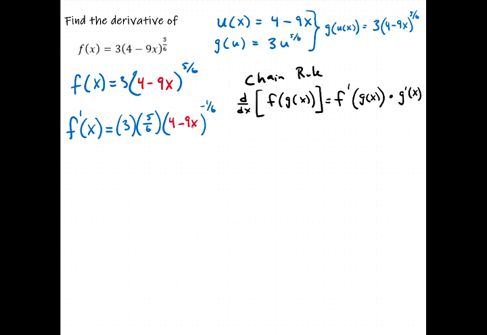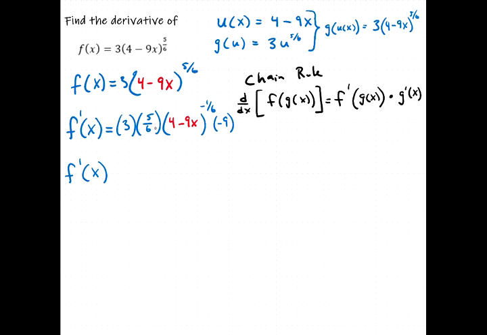And then we multiply by the derivative of the inner function. So the derivative of 4 minus 9x, well, the derivative of 4 is 0, and the derivative of minus 9x is a minus 9. All right, so that's the chain rule. Okay, so let's simplify this as much as we can.